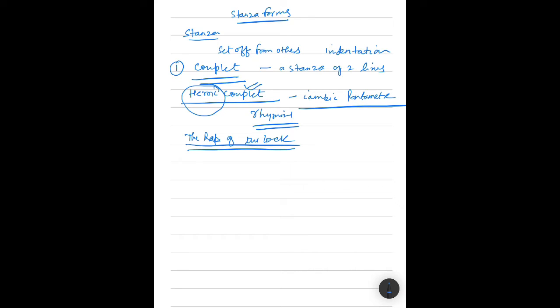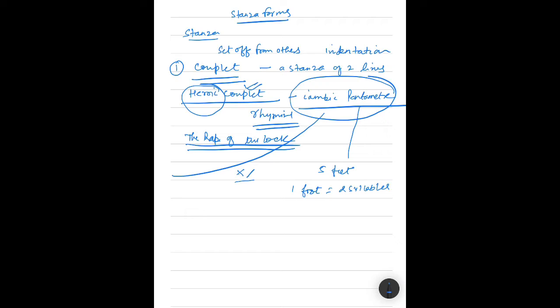And when I say iambic pentameter lines, iambic means the first syllable will be unstressed, second will be stressed. Unstressed and stressed. And pentameter means 5 feet, where 1 foot equals 2 syllables. That is 5 feet equal to 10 syllables.